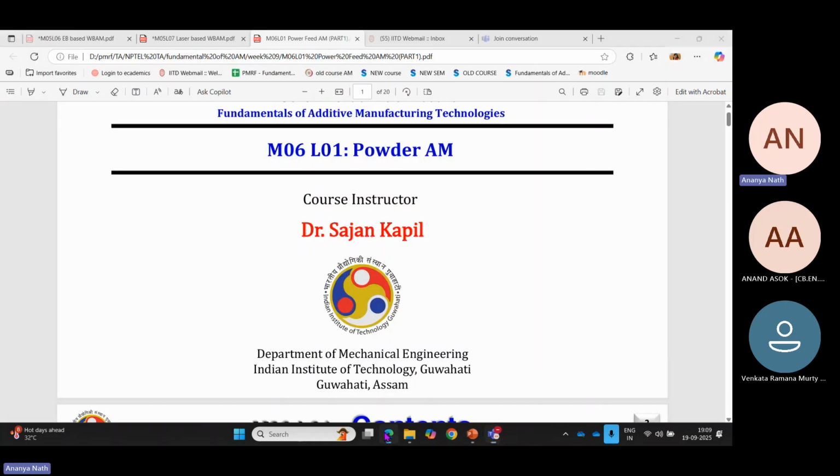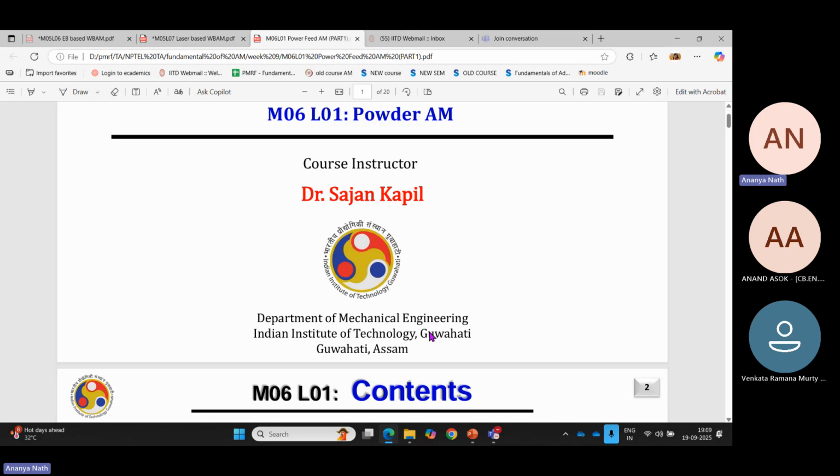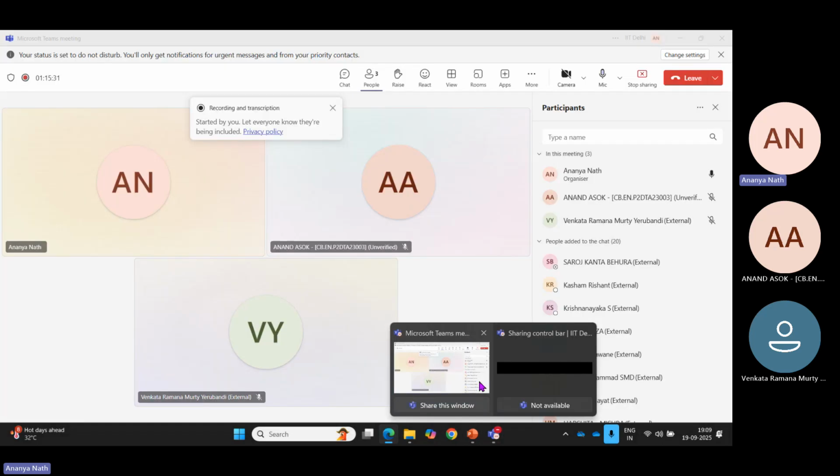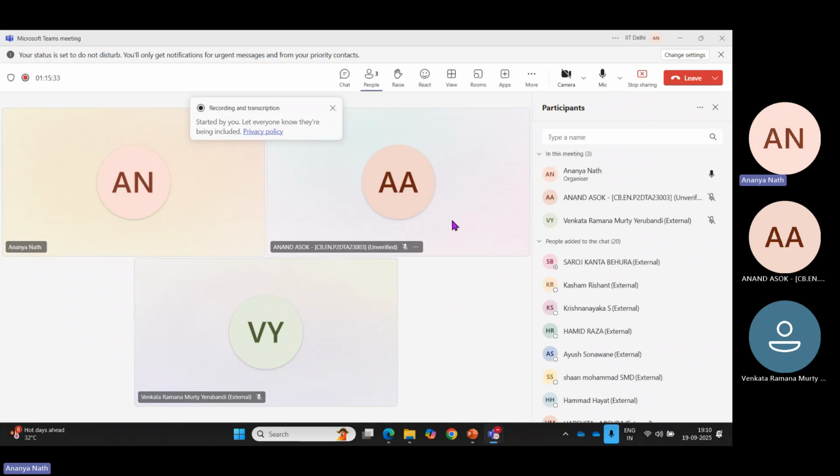So let's continue our discussion on the powder AM. By this time we know about the wire based AM. The main advantage of powder AM is that you can print very precisely featured parts.